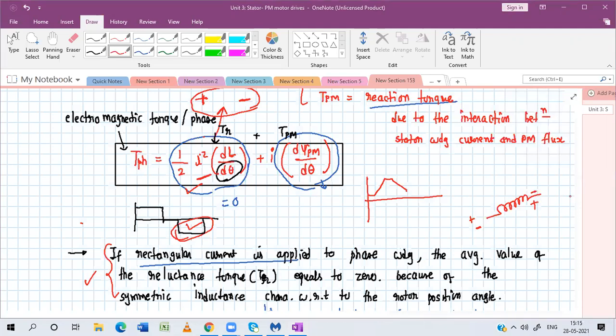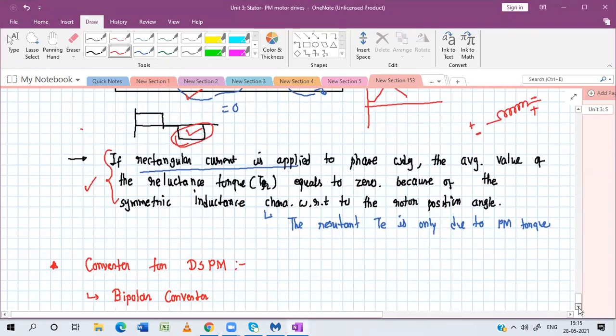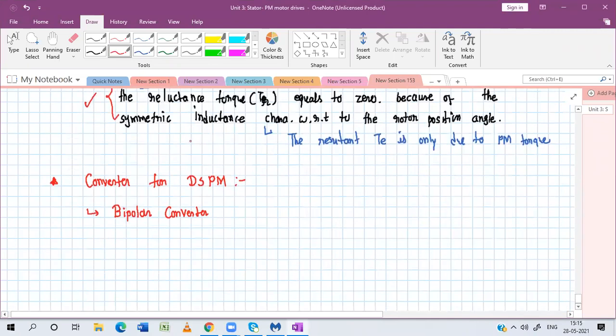So about the bipolar converter. Yes, Karthik, when the current can flow in both directions, it is known as a bidirectional converter. Generally we are using a bipolar converter, so we can utilize the machine fully. Now in this bipolar converter, again there are two possibilities.